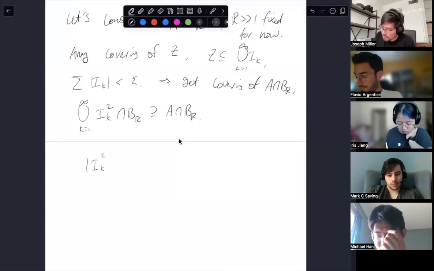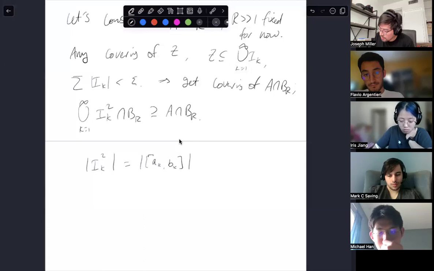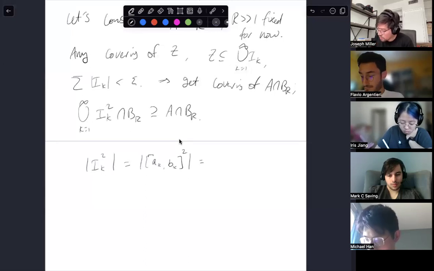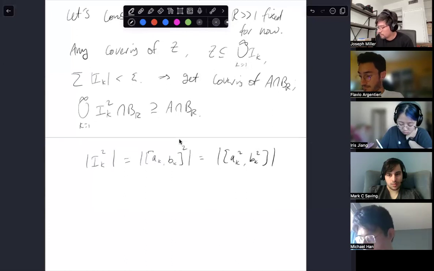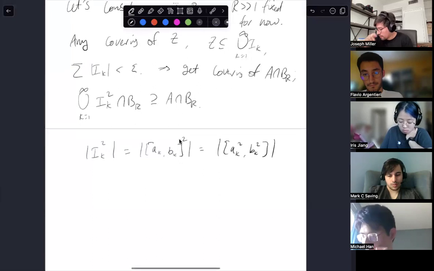I_k is equal to some interval like [a_k, b_k], squared, which is the same as [a_k squared, b_k squared]. I'm just squaring. It's a continuous function, so it takes this interval to this other one.